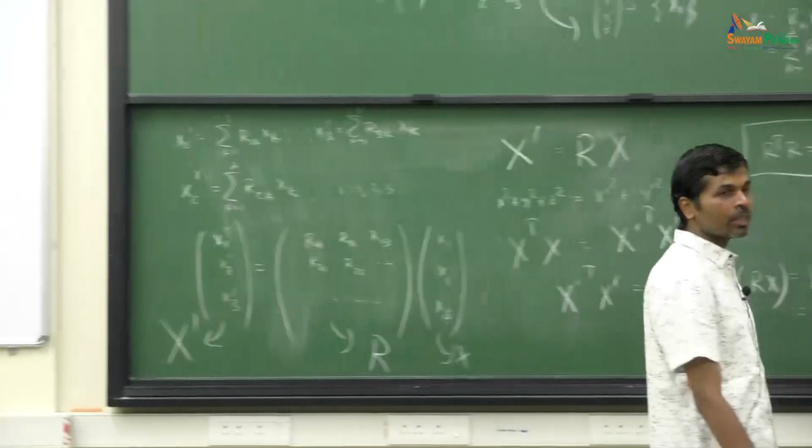You just change one of the axes. But that will not be an orthogonal transformation. Yes, reflection. Very good. Reflection is an example of an orthogonal transformation which is not a rotation.